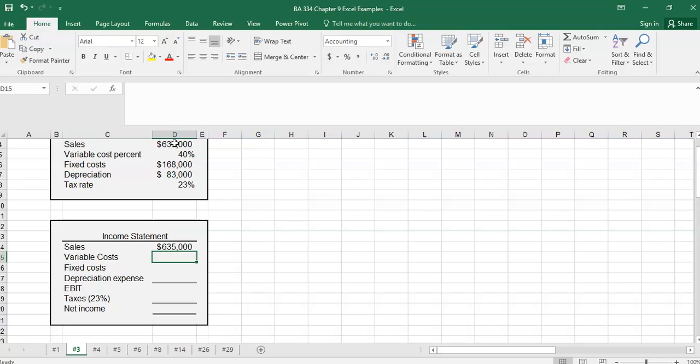My variable costs are 40% of sales. So we'll take sales times 40% to get our variable costs. And then our fixed costs are $168,000. And our depreciation expense is $83,000. Earnings before income and taxes are sales minus the total of all of our costs.